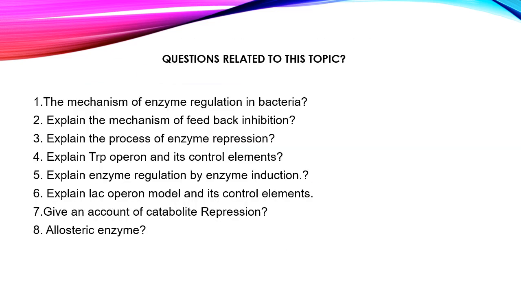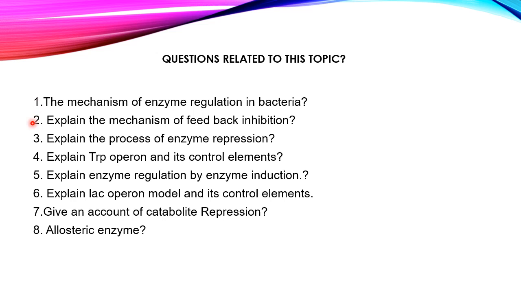So, students, we are done with the mechanism of enzyme regulation. We have studied feedback inhibition, enzyme induction, catabolic repression, the OPERON model, the tryptophan model, and allosteric enzymes. And from this, what are the questions which we can expect? We can expect the question, the mechanism of enzyme regulation in bacteria.